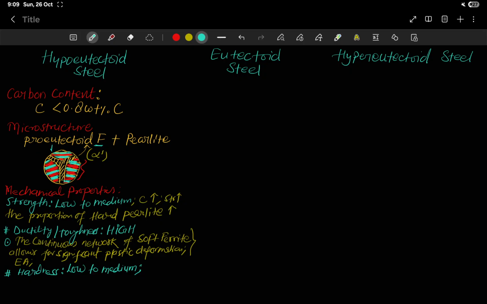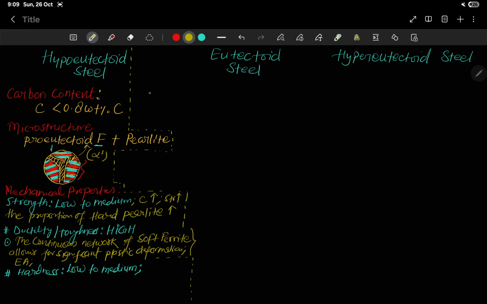Okay, so let me draw one. Let's discuss the eutectoid steel.